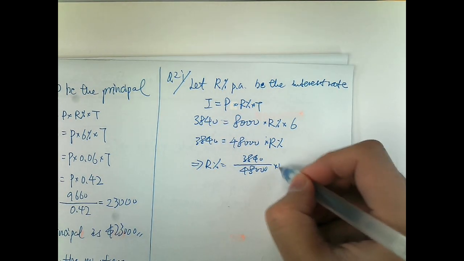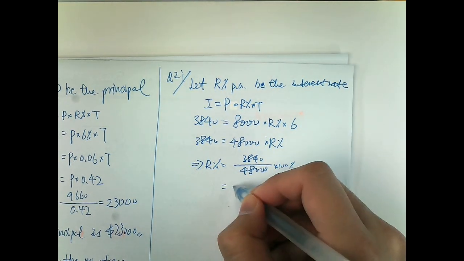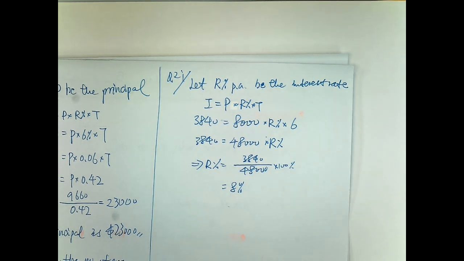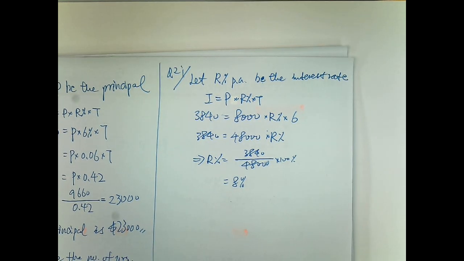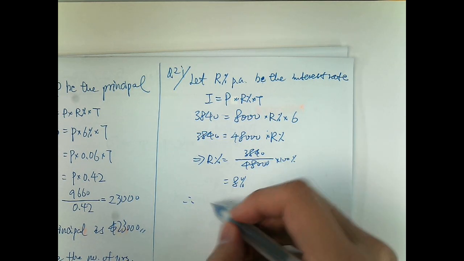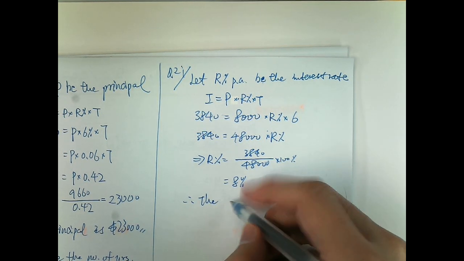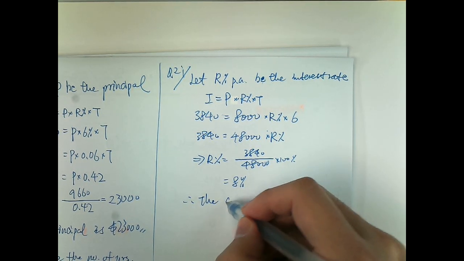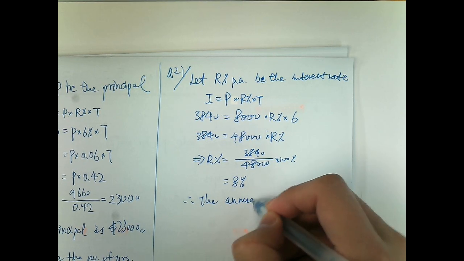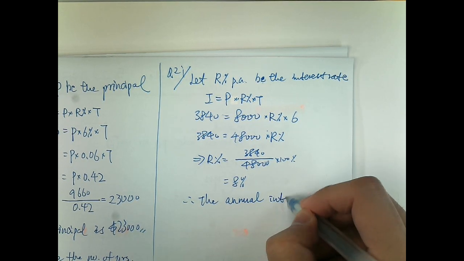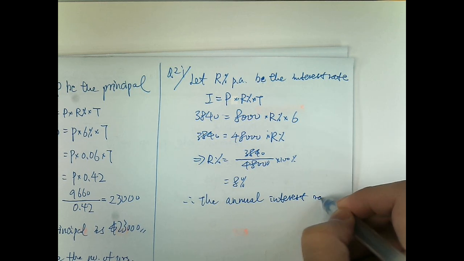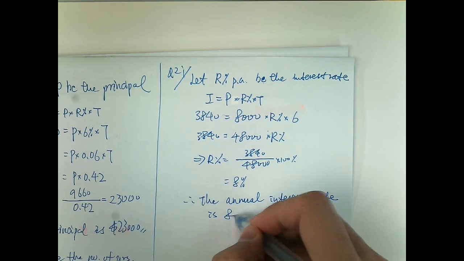Yes, you have to times 100%, make it 8% finally. Understand? So you can make the conclusion. So the annual interest rate is 8%.